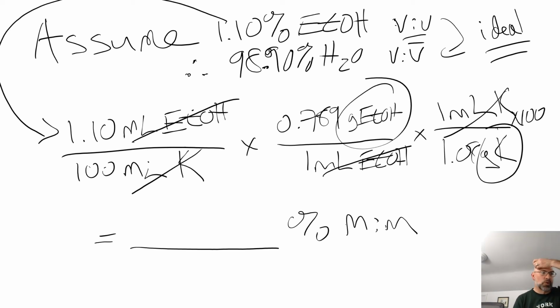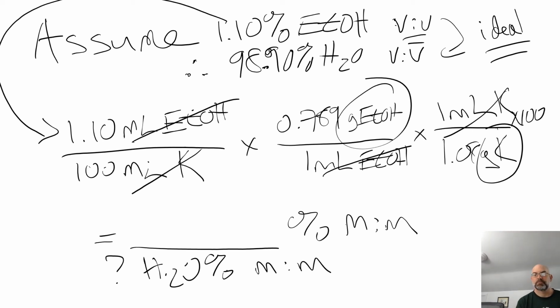I don't think I want to do all this for you. Once you have that, so you'll have percent of ethanol by mass, well then, what's the percent water? Mass to mass. Okay, well it's 100 minus that.